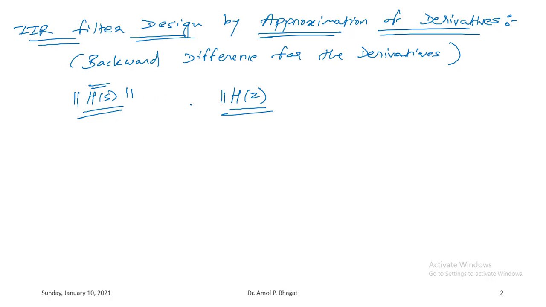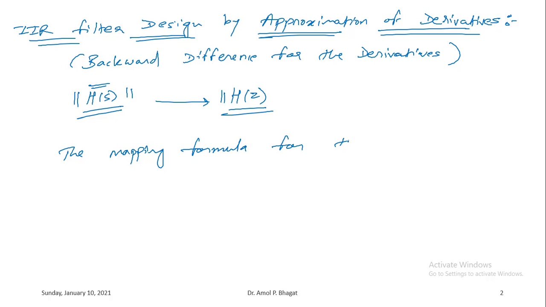So we'll try to convert this H(s) into H(z) by using these methods. In today's session, we'll be using the approximation of derivatives method to convert the analog system function into the digital system function.